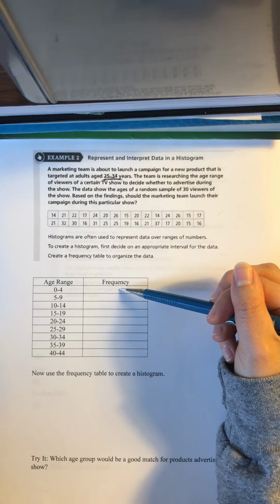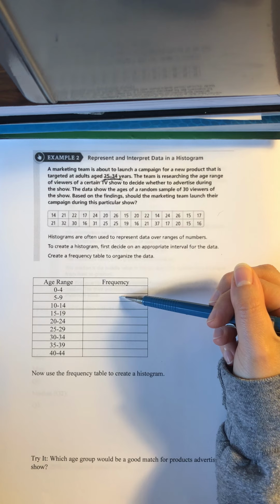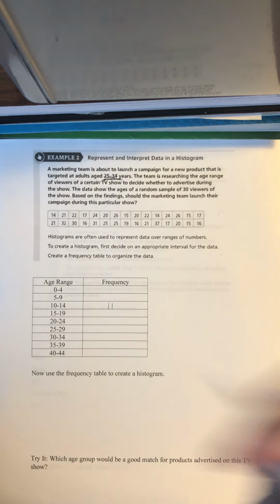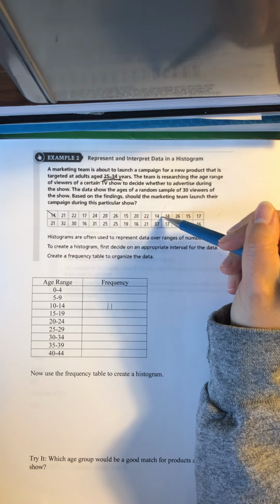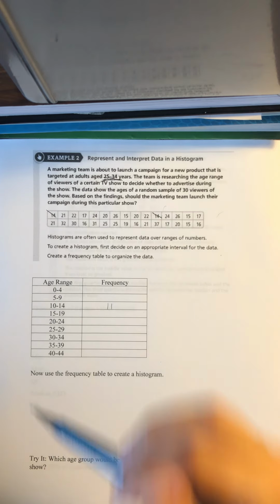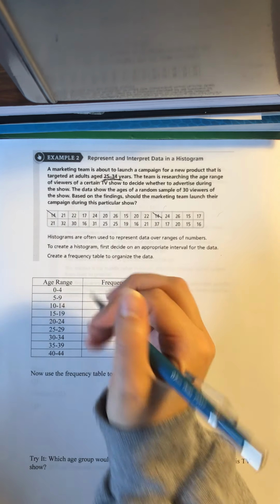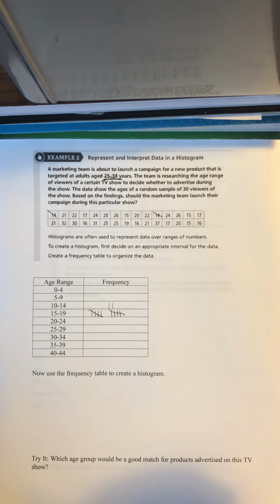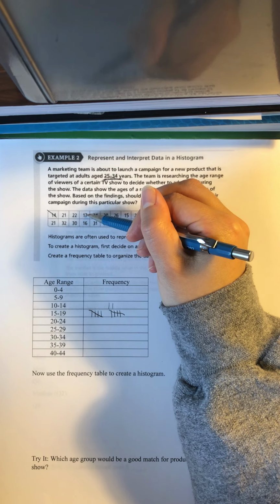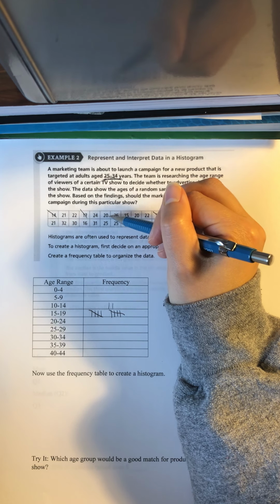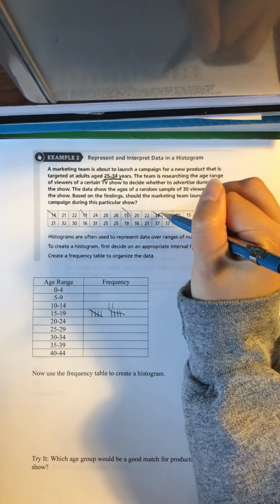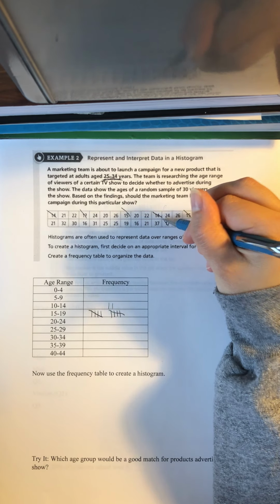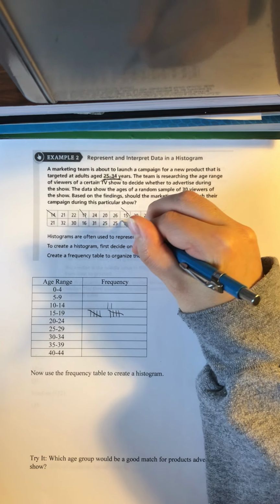So there's nobody between the ages of 0 and 4, nobody between the ages of 5 and 9. For 10 to 14, there are 2 people, so I'm going to put 2 tally marks. For 15 to 19, there are 10, so 1, 2, 3, 4, tally mark, 1, 2, 3, 4, tally mark, so that's 10. 1, 2, 3, 4, 5, 6, 7, 8, 9, 10.